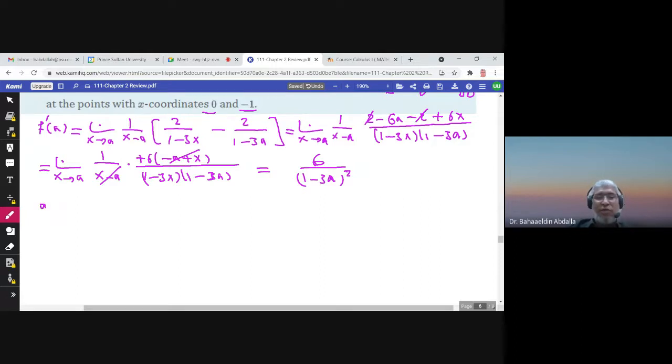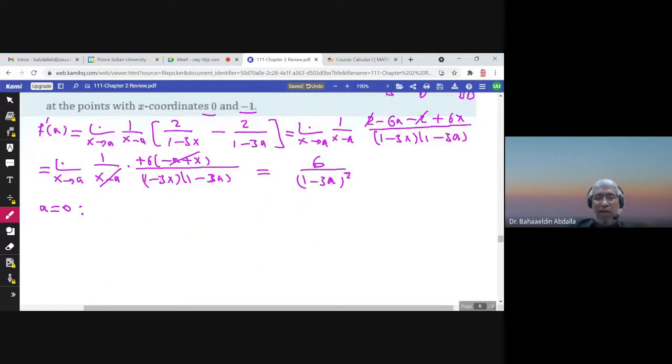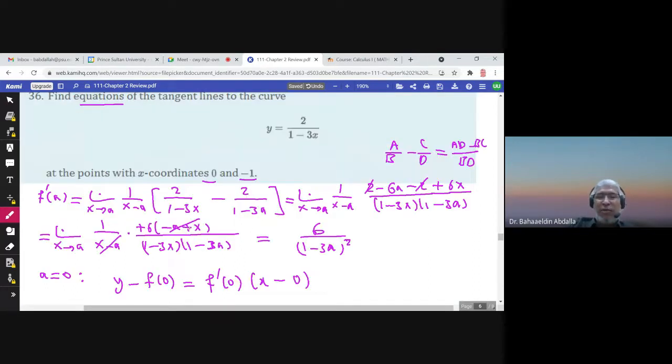Now let us use first that a is 0, and find the equation of the tangent line when a is 0. So it's y minus f of 0 equals f prime of 0 times x minus 0. So I need f of 0 and f prime of 0.